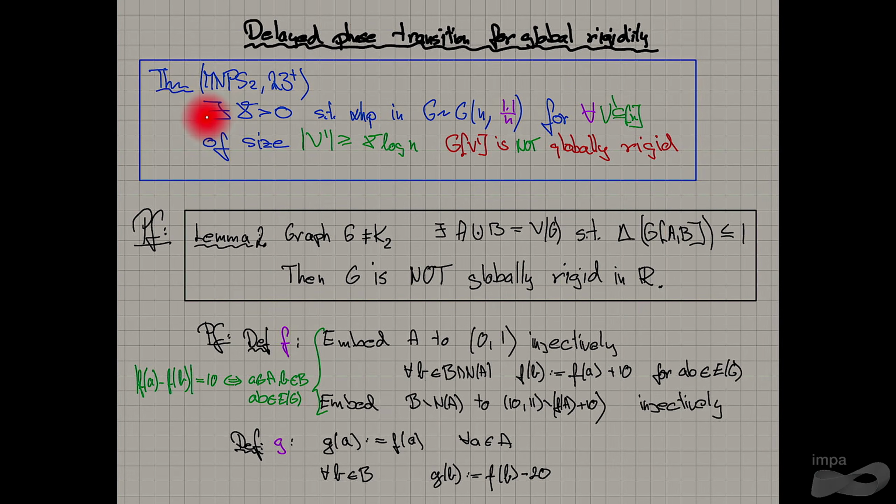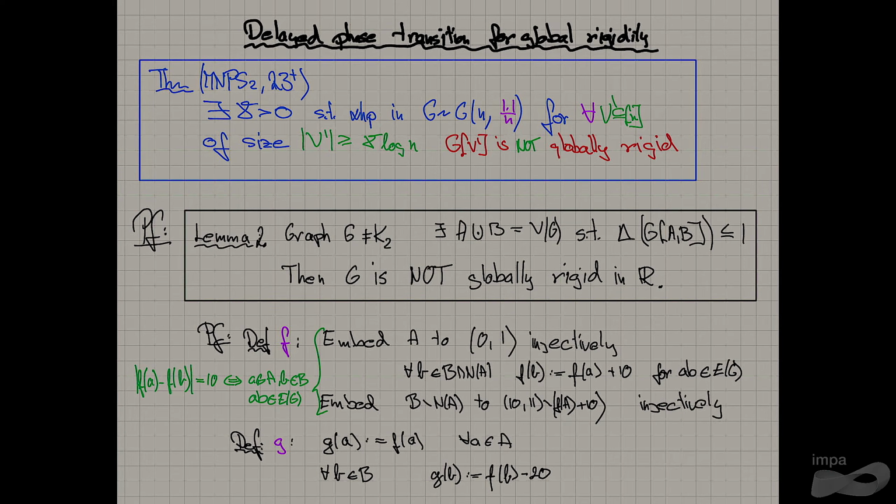So what is true is that in the random graph G(n, 1.1/n), for any V prime whose size is at least logarithmic, the induced subgraph is not globally rigid.